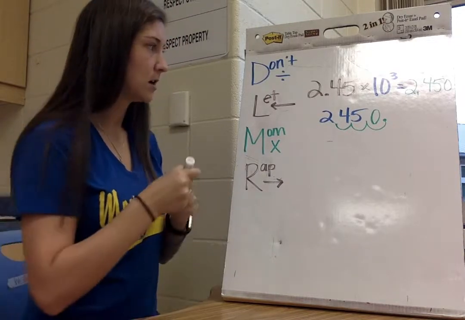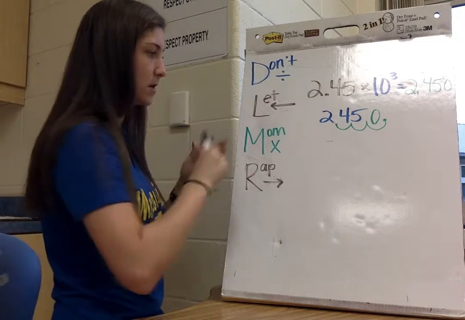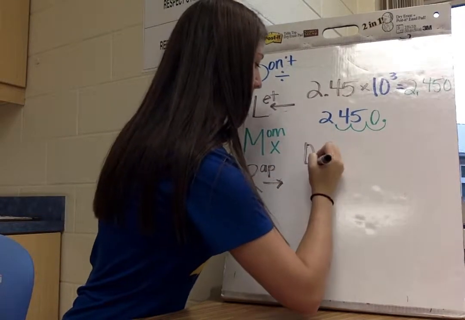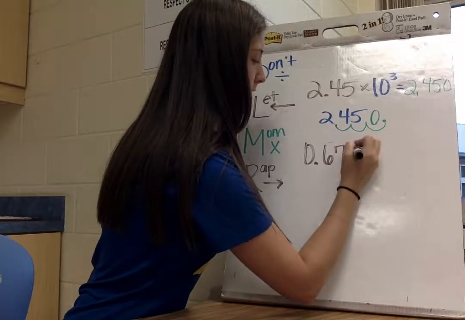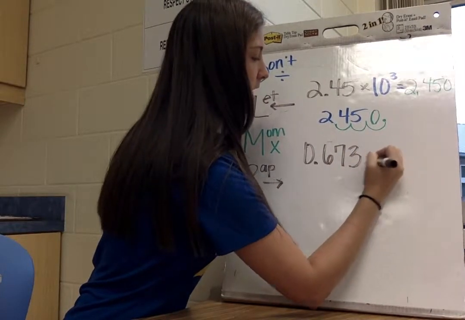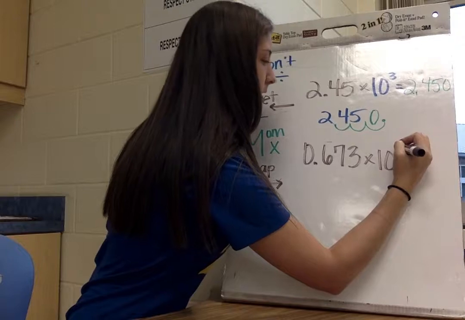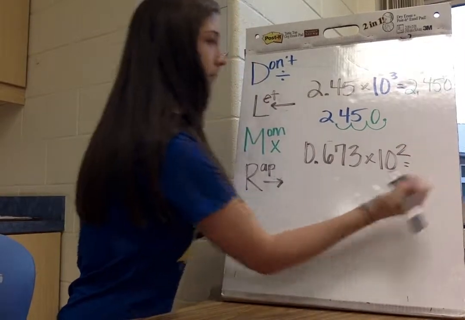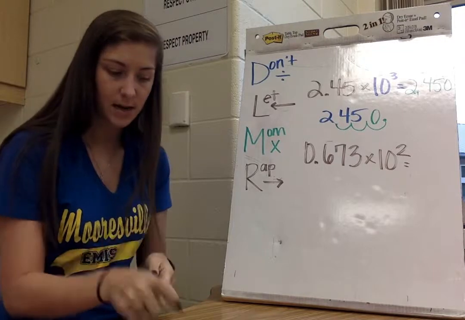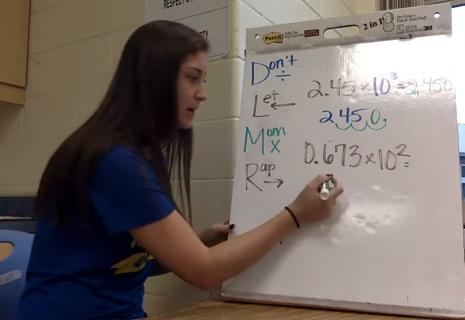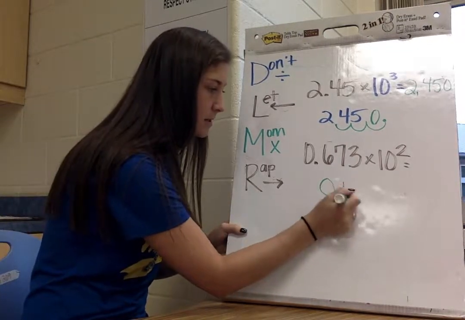Okay? Let's try one more. Let's talk about 673 thousandths times 10 to the second. This time I'm going to pull the number down again.